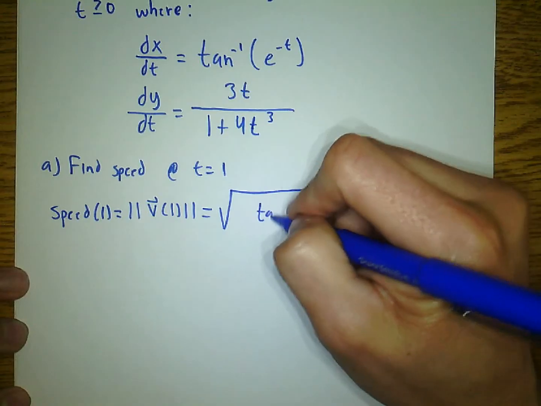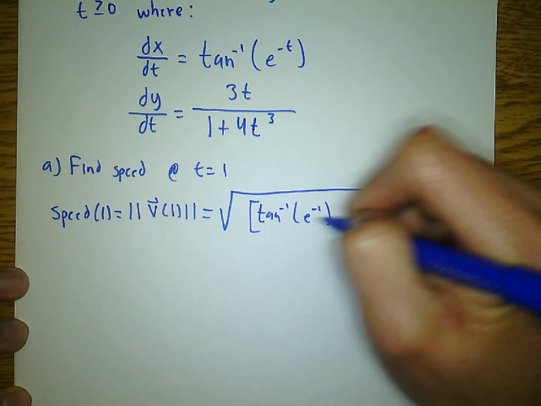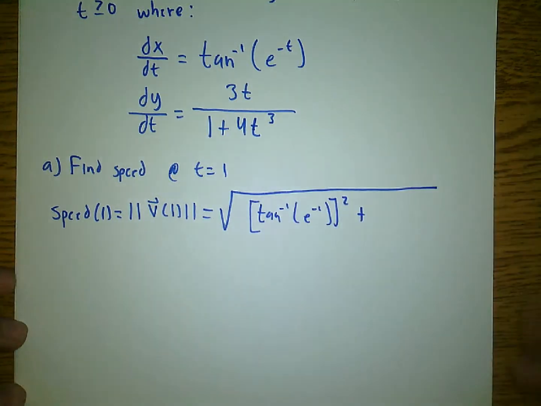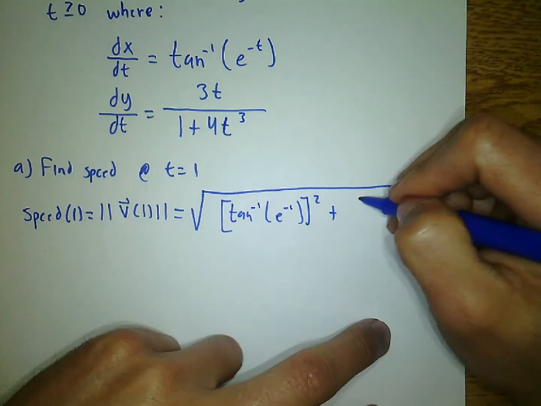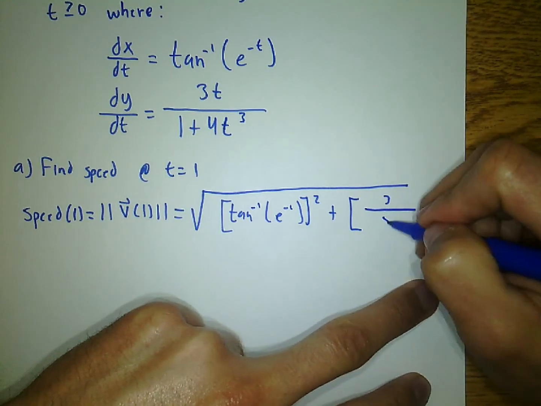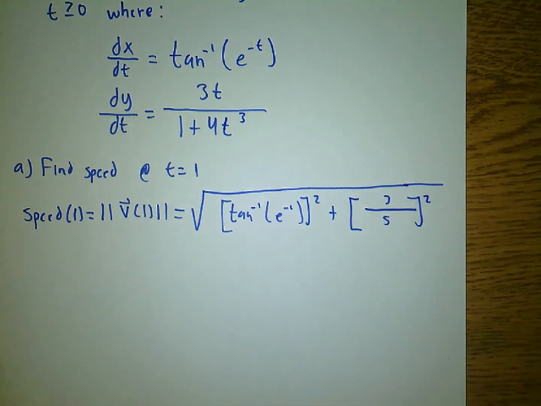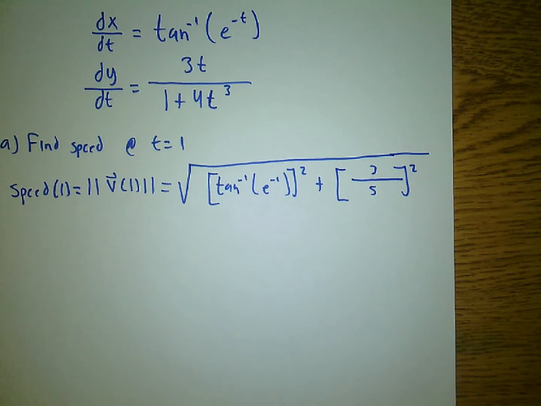So it would be inverse tangent of e to the negative 1, squared, plus 3 times 1 over 1 plus 4 times 1 cubed, squared. So 3/5 squared. Now, I don't think I need to tell you this, but isn't this one obviously going to be calculated? Just look at the numbers, right?